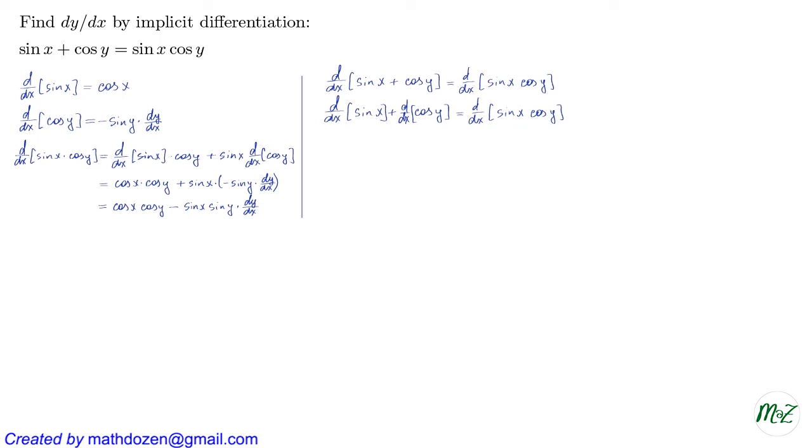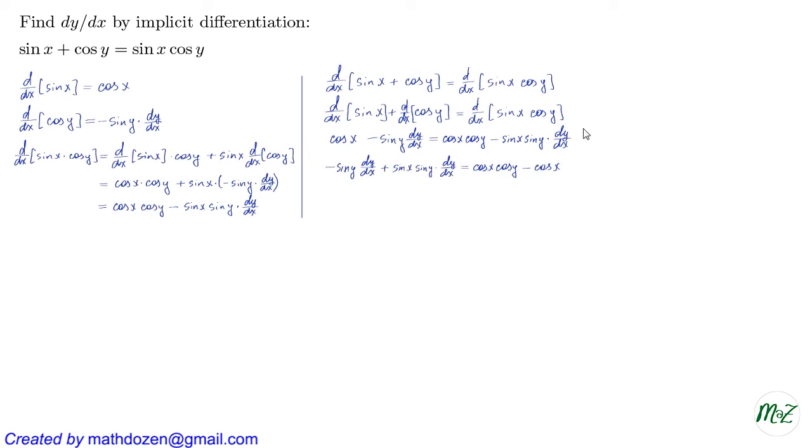So now we can go back to the original problem. So for the derivative of sin x, we got cosine x. For the derivative of cosine y, we got negative sin y dy over dx. And for the derivative of right-hand side, we got cosine x cosine y minus sin x sin y times dy over dx.